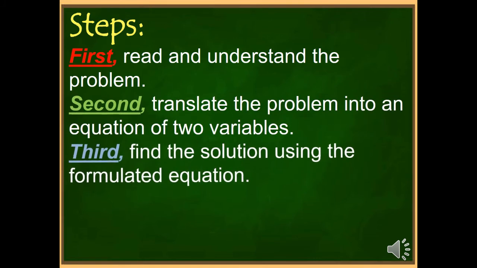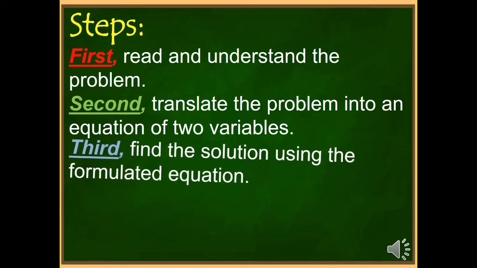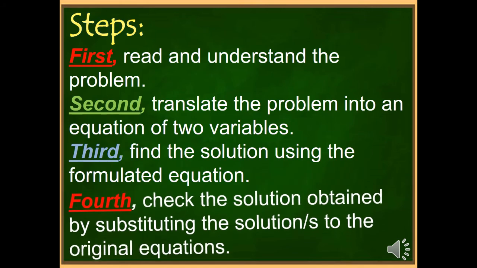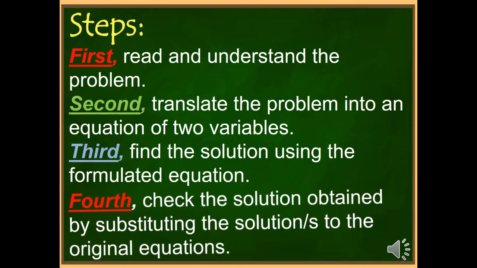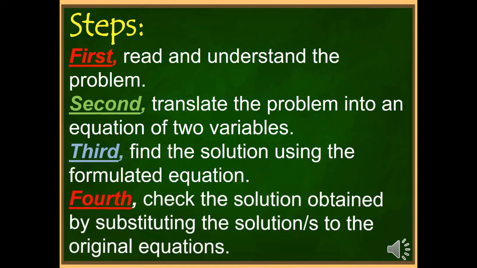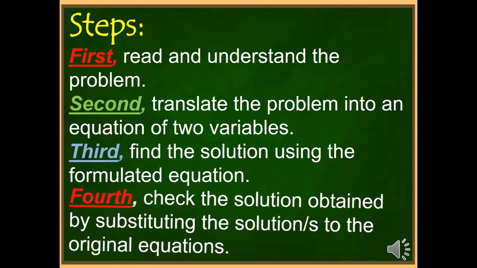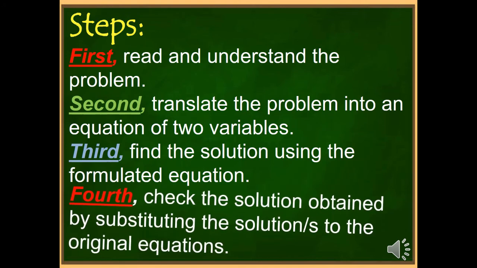Third, find the solution using the formulated equation. And fourth, check the solution obtained by substituting the solution or solutions to the original equations. To model these steps, let us consider this example.